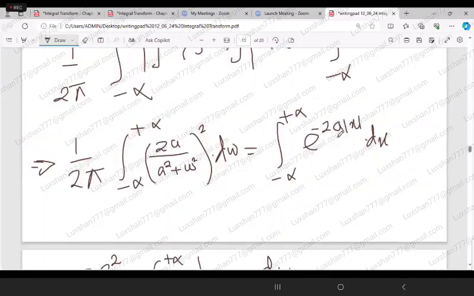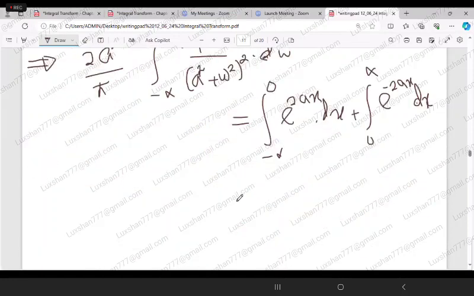Why do I want to put minus 2ax? In the positive range, this is plus. Therefore, when I put 0, that becomes 1, and when I put minus infinity, that becomes 0. Plus, when I put infinity, that is 0.